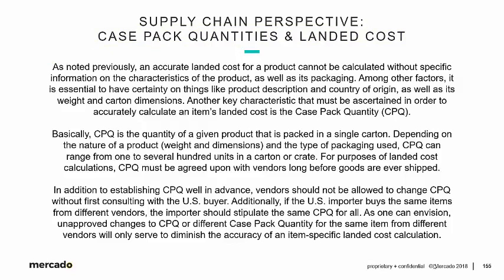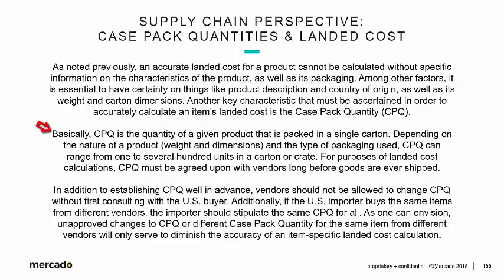Among other factors, it is essential to have certainty on things like product description and country of origin, as well as its weight and carton dimensions. Another key characteristic that must be ascertained in order to accurately calculate an item's landed cost is the case pack quantity, the CPQ. We've talked about this a number of times. Let's hit it again for good measure.